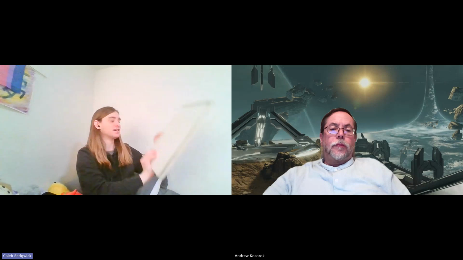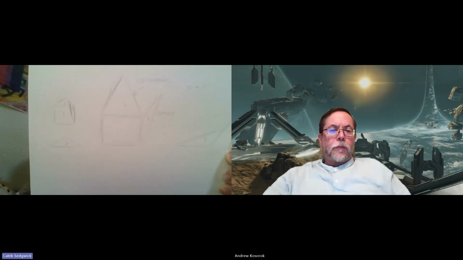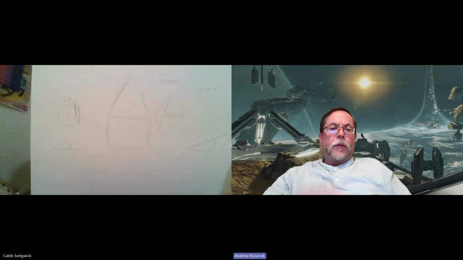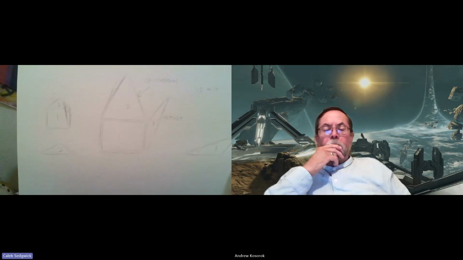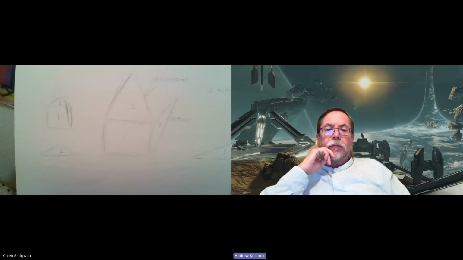Actually, I have sketches. I don't know how well you can see them. You have a couple of squares and a triangle. Yes, and then I'd fold them so that from one angle it looks a little more triangular. I think I'm figuring it out.